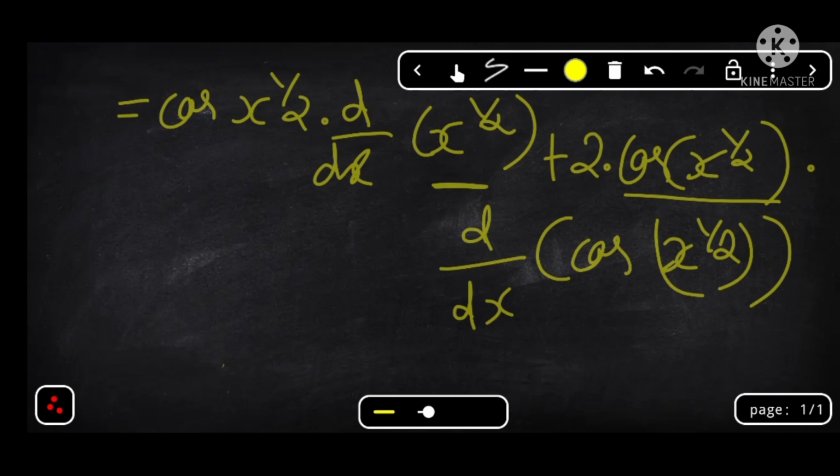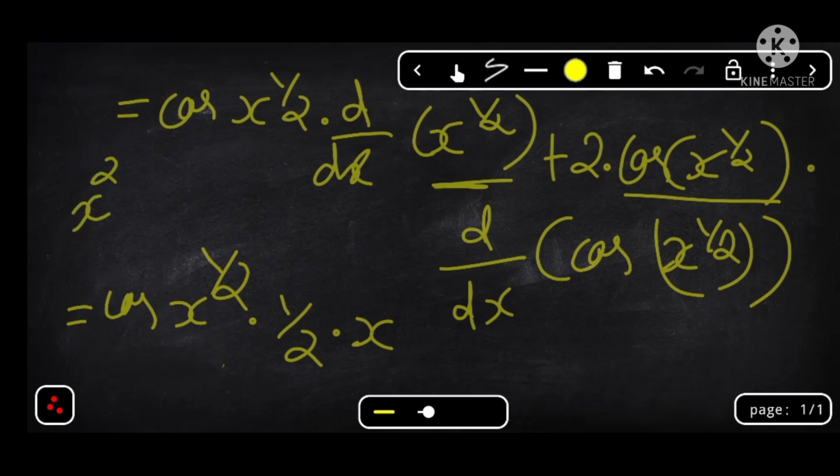So here, now when we differentiate this one, it is going to be cos x raised to 1 by 2 into, so x raised to 1 by 2 means 1 by 2 into x raised to, so what will happen here is, if we take differentiation of x square, then it will be 2 into x raised to 2 minus 1.